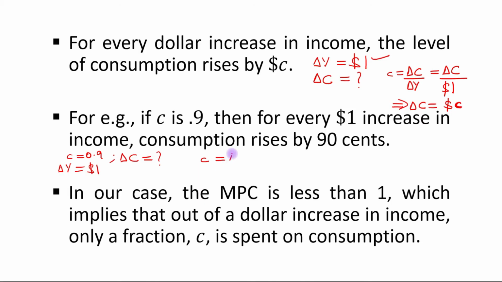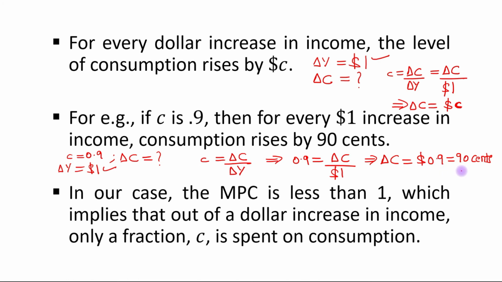MPC equals change in C upon change in Y. MPC is 0.9, change in consumption is unknown, and change in income is $1. So we can write it as change in consumption equal to $0.9 or 90 cents. As we know that in $1 there are 100 cents, so in $0.9 there will be 90 cents.